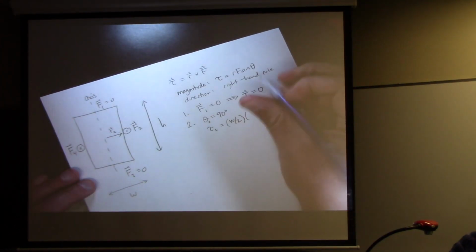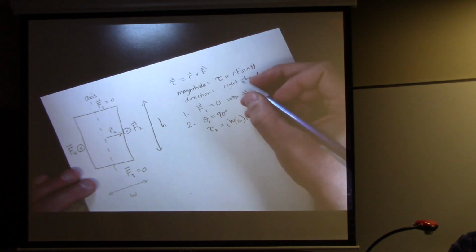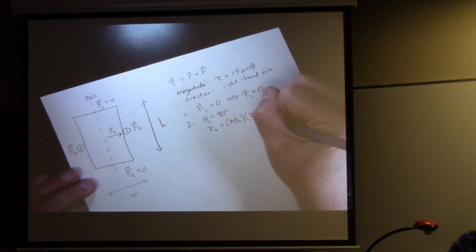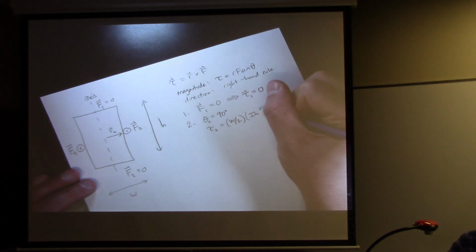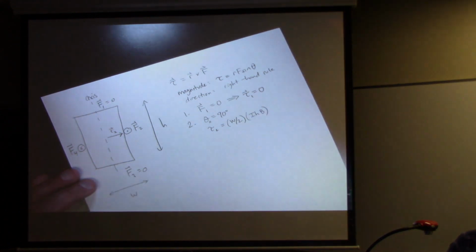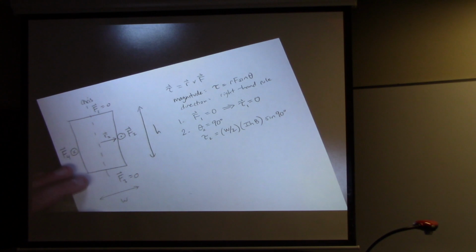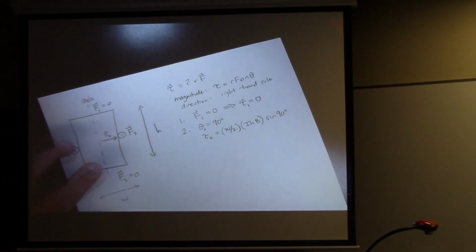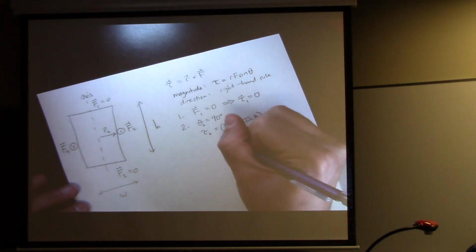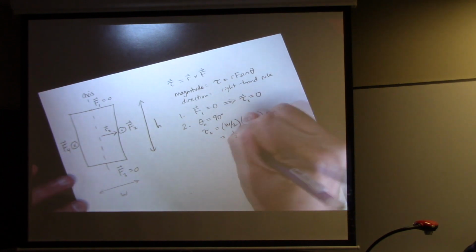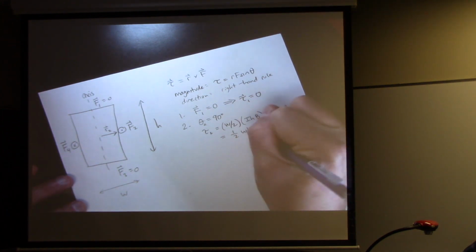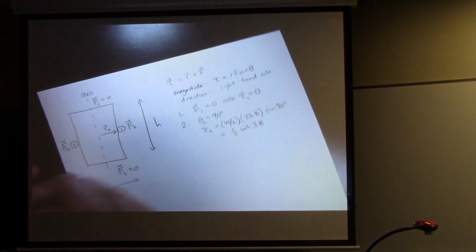Now the force, the magnitude of the force is I times h times b. That's what we found earlier. Then we take sine of 90 degrees to finish that off. So sine of 90 degrees is just 1. So we have a half w times h, I times b. That's the magnitude of the torque.